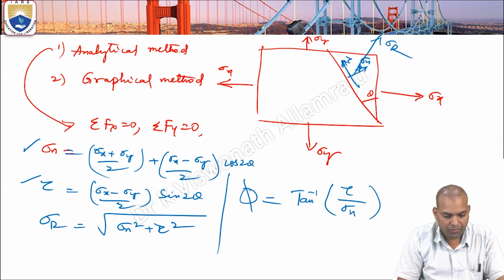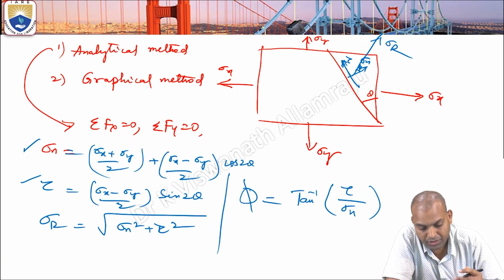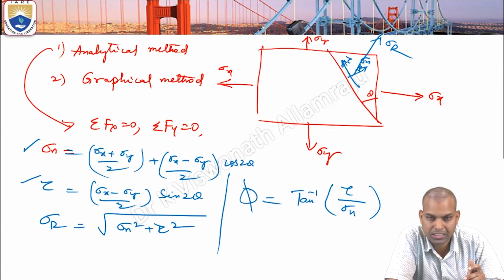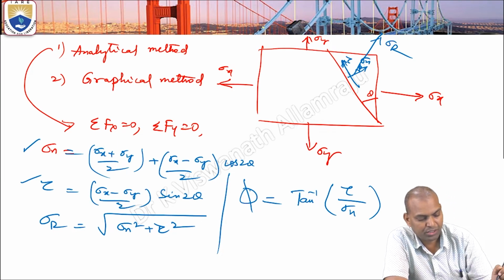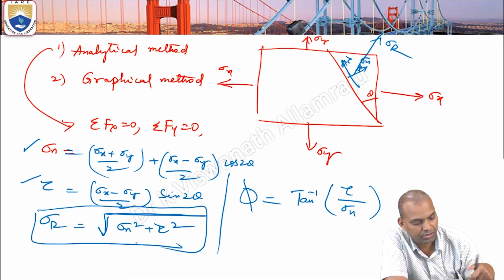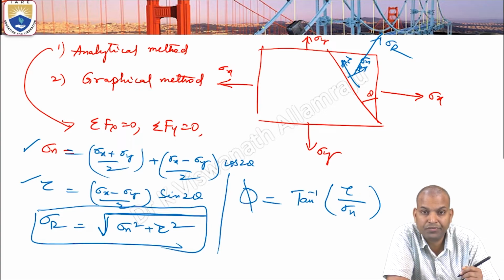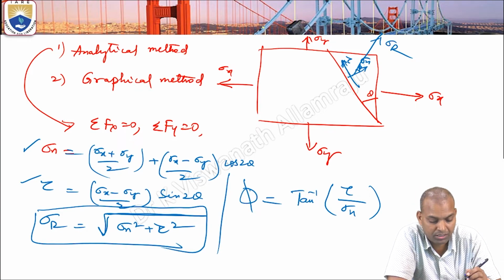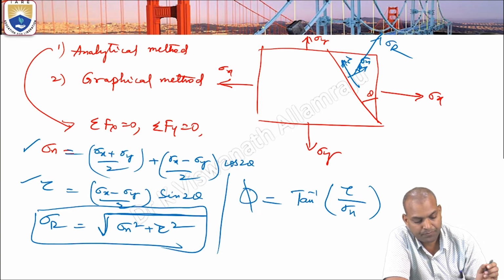Angle of obliquity means the direction of the resultant stress. The magnitude of the resultant stress sigma r is the square root of sigma n square plus tau square. This is the magnitude formula. The direction of the resultant stress sigma r is tan inverse of tau by sigma n.